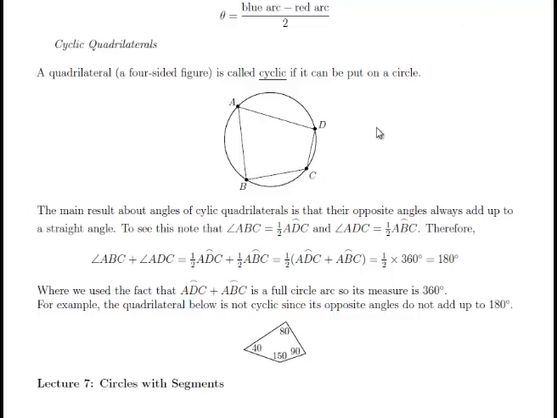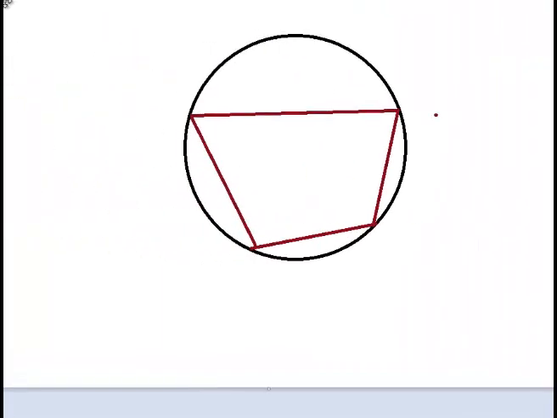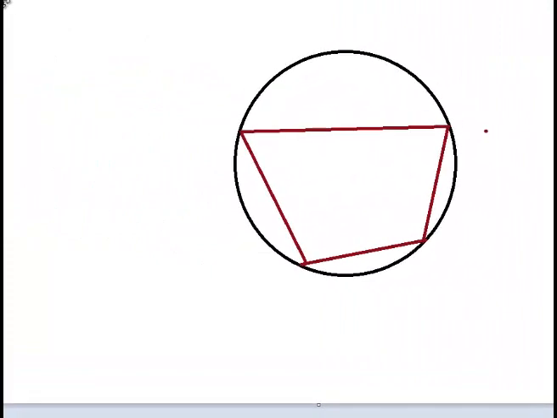The logic behind that is actually fairly simple. If you have a quadrilateral like this in a circle, let's draw a separate quadrilateral on the whiteboard so that we can mark it up a little bit. So this is another example, just a random quadrilateral in a circle. Let's name the points. We'll name this A, this B, this C, and this D. We'll just call the angles 1, 2, 3, and 4.